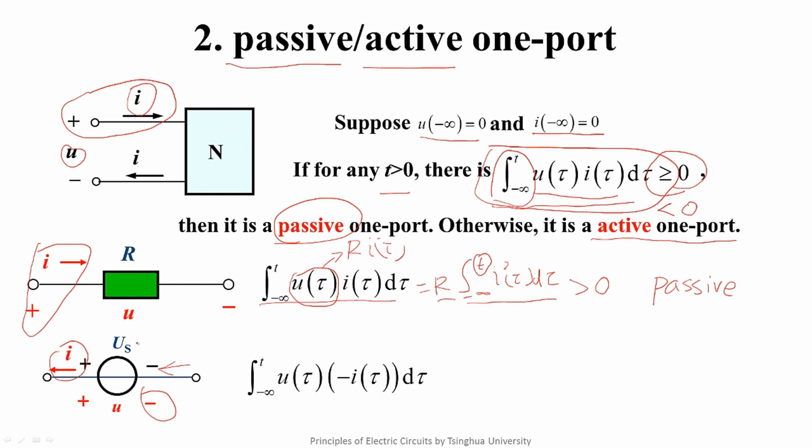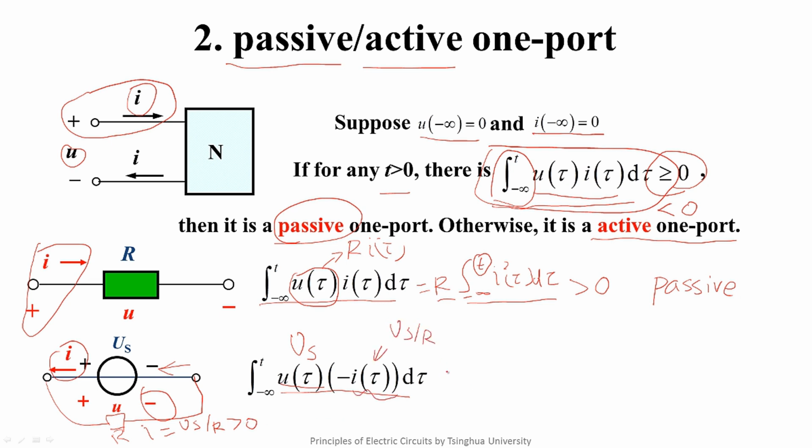For a voltage source, we know that U is equal to Us. So now whether this integral is greater than zero or not depends on the numeric values of I(τ). For general applications of the voltage source, if it's connected to a resistor externally, with resistance value R, you can know that I is equal to Us over R and it is greater than zero.